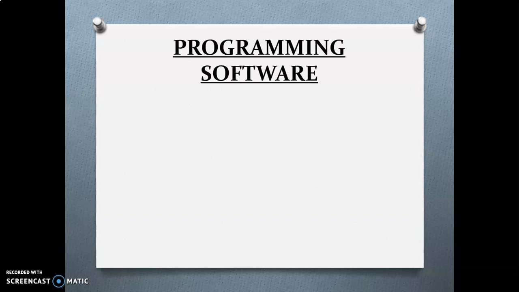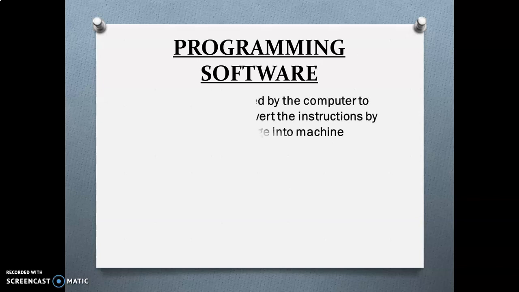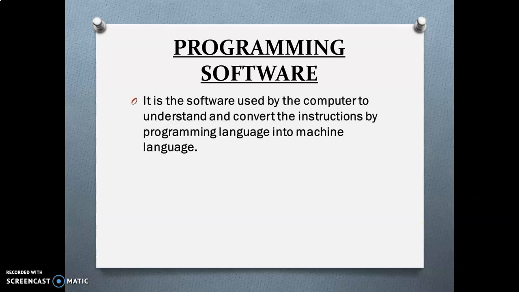What is programming software? Programming software is that software which is used by the computer to understand and to convert the instructions by programming language into machine language. Now let me make it very simple.